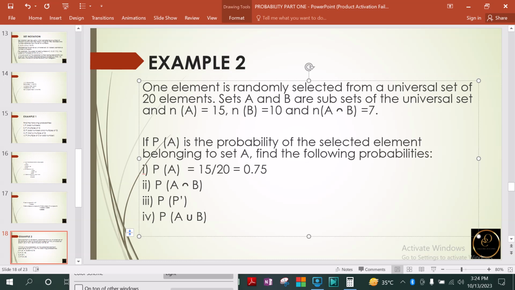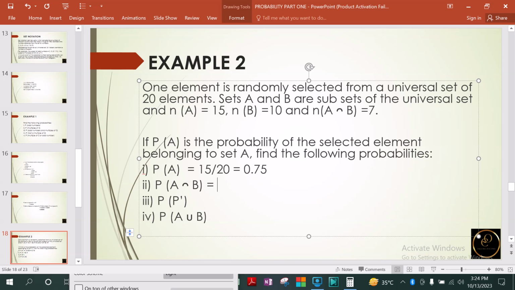We come to this one. We are told the probability of A intersection B. So the cardinality of A intersection B, we are told, is 7, out of the possible 20. So it's easy again.